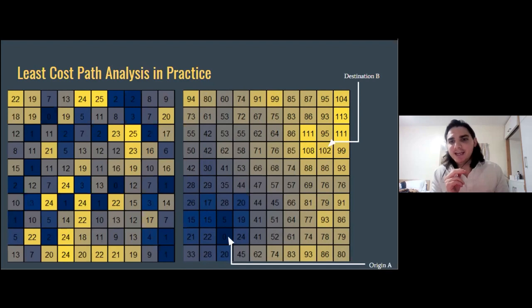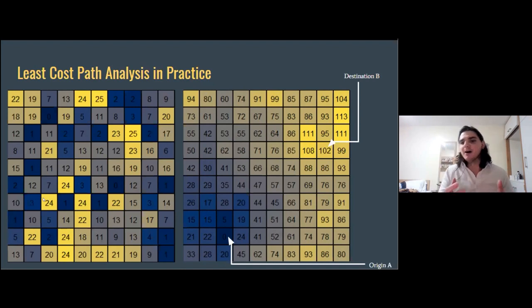Yeah, so this is no data in particular, it's just random values. But in concept, it's just how long it takes to travel through a particular grid square. So if you imagine, for example, let's say it's in minutes, this cell takes five minutes. This one takes 24 minutes.